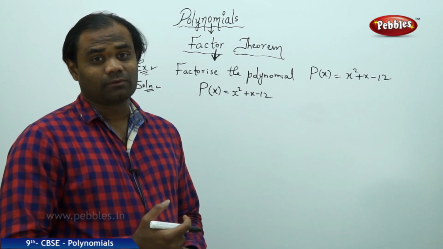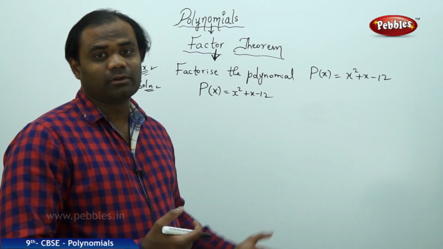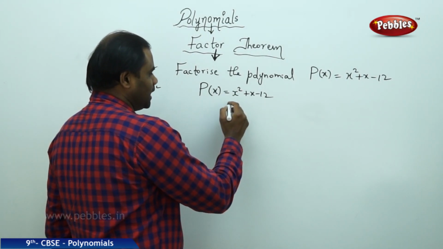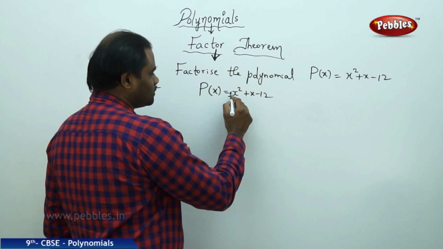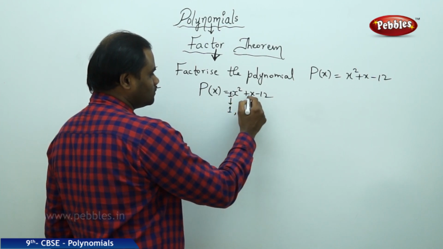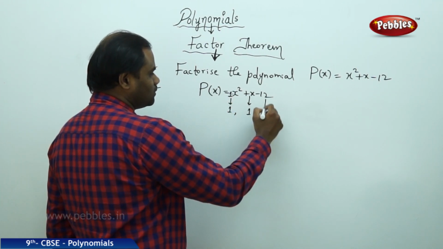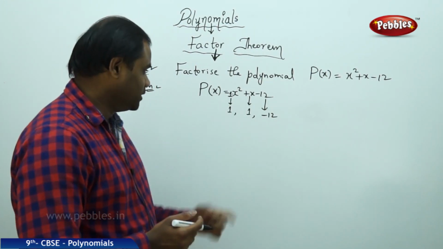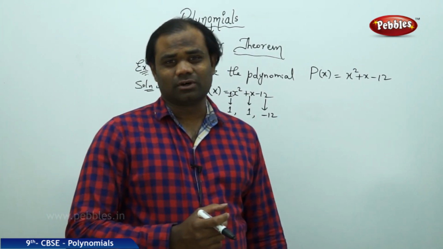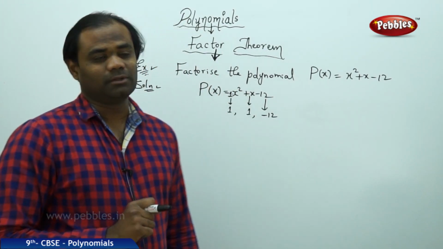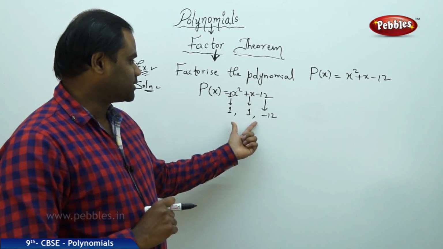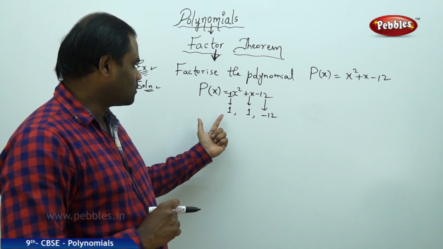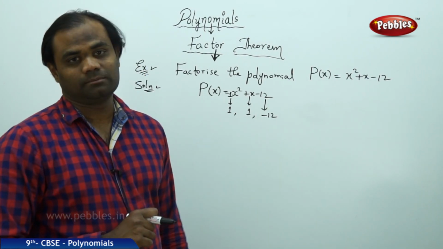This quadratic polynomial has coefficients 1, 1 and negative 12. So I initially pick all the coefficients or constants from the given polynomial, and I identify that for this polynomial the coefficients are 1, 1 and minus 12.